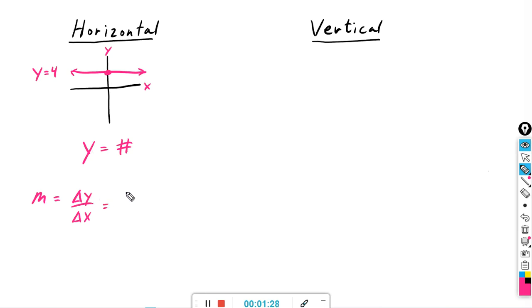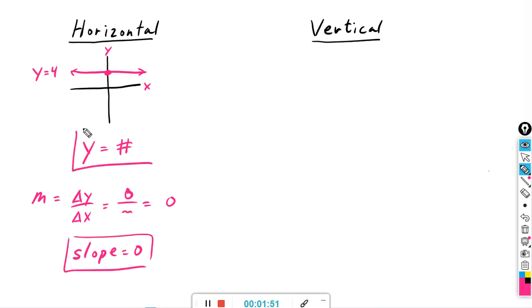So the change in y is going to be 0. It's just 0 over some number. As long as the denominator is not 0, which it is not in this case, the slope is going to be 0. So for the horizontal line, the slope equals 0, and the equation is just y equals some number.